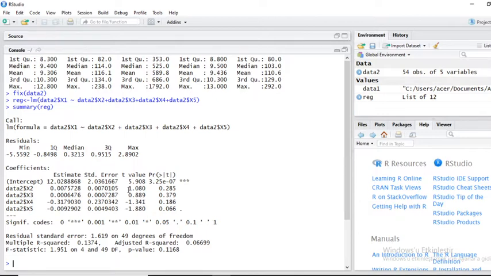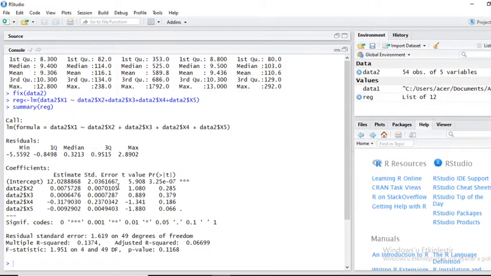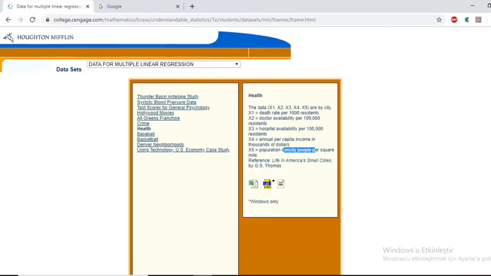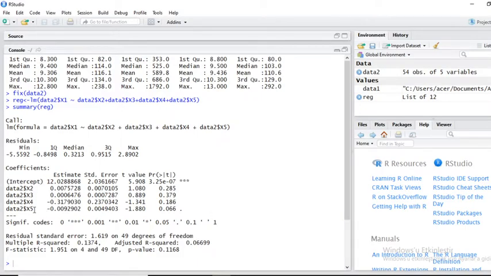So if we only look at the coefficients, we come to the result that there is a starting point, there's an intercept, and the last one, density per square mile, is significant. The intercept is significant even at 1%. The other is significant at 10% significance level.